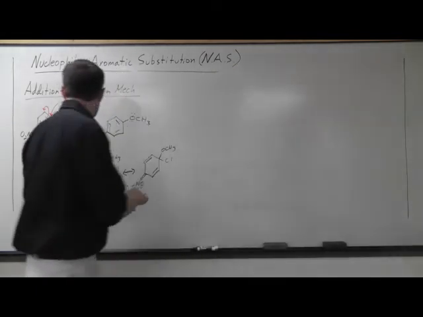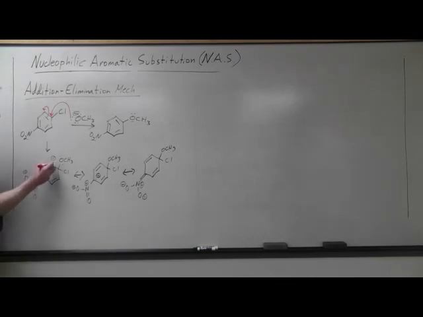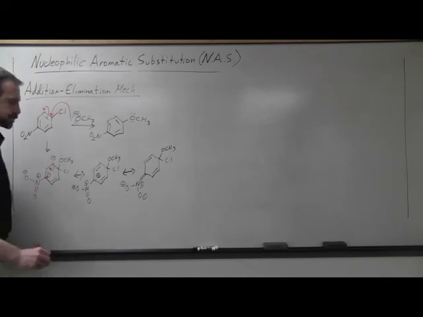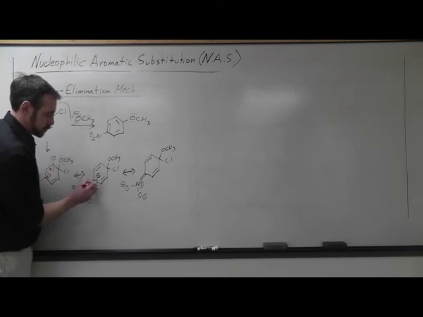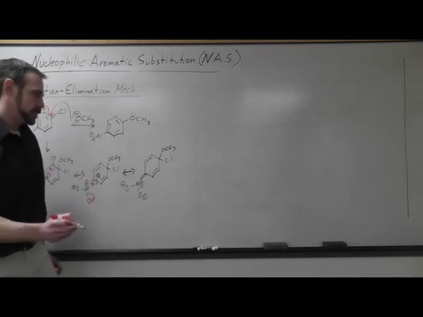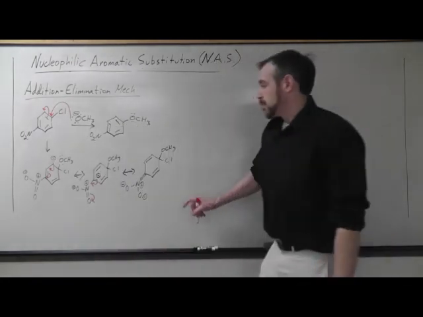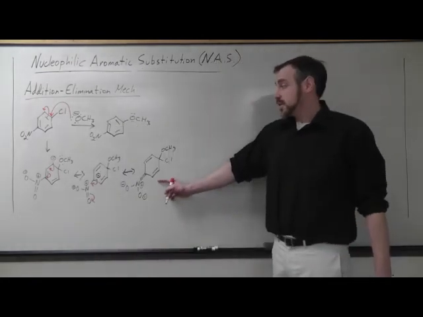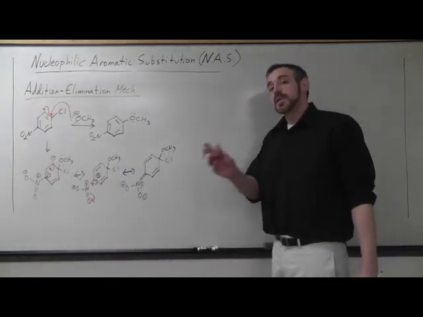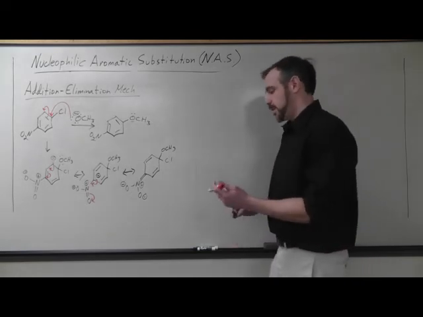It might be helpful to fill in arrows that show the movement of these electrons throughout these positions. And so we can actually draw this structure if that nitro group is ortho or para to the leaving group.